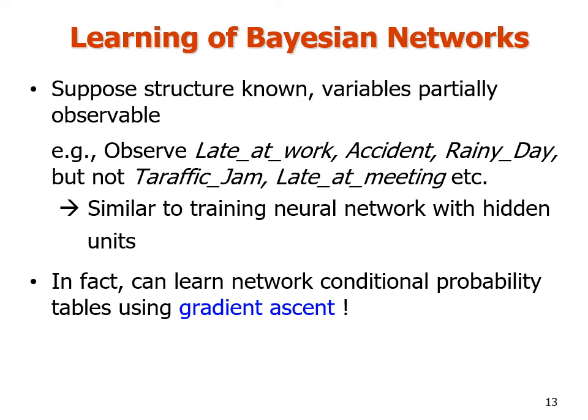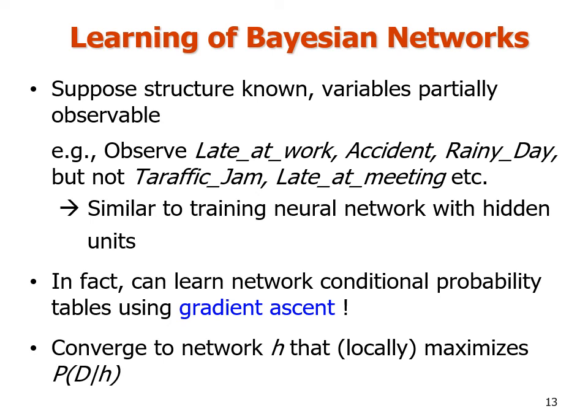The objective function that is maximized during gradient ascent is the probability P(D|H) of the observed training data D given the hypothesis H. In contrast to gradient descent, in gradient ascent the convergence of the algorithm is about finding the hypothesis H that locally maximizes the probability of D given H.